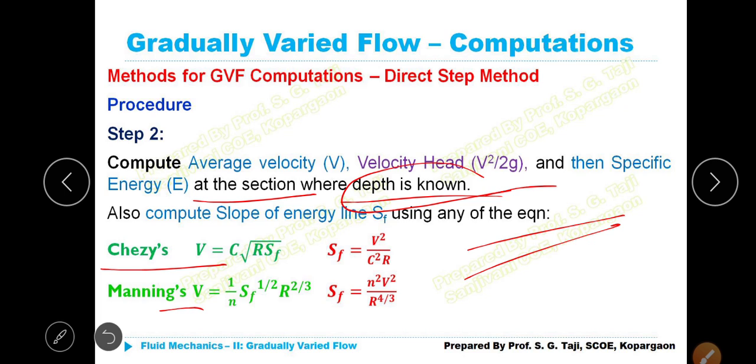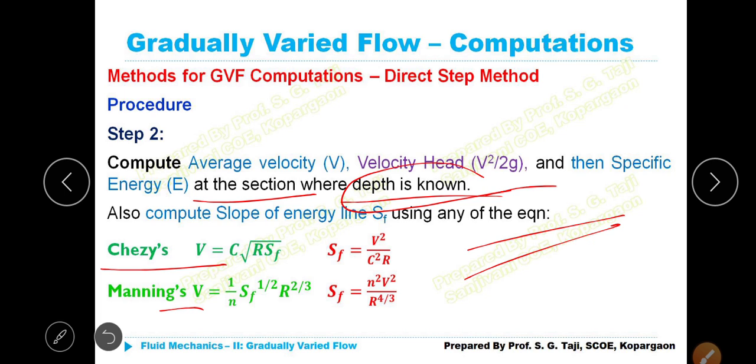So we know that V is equal to C under the root R Sf, where Sf is equal to V squared divided by C squared multiplied by R, where V is the average velocity, R is the hydraulic mean radius, and capital C is Chezy's constant.